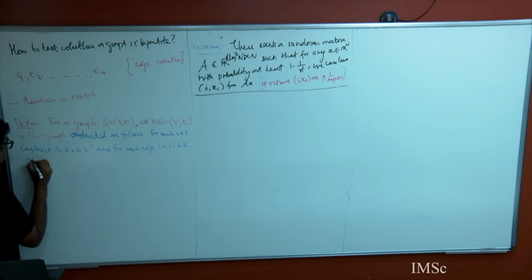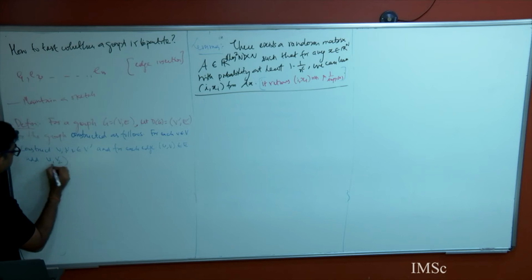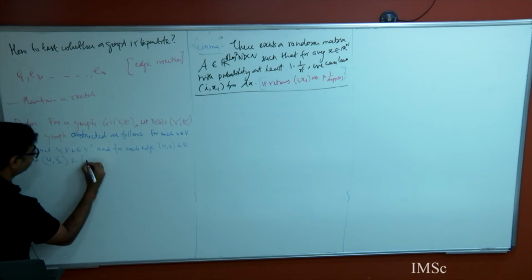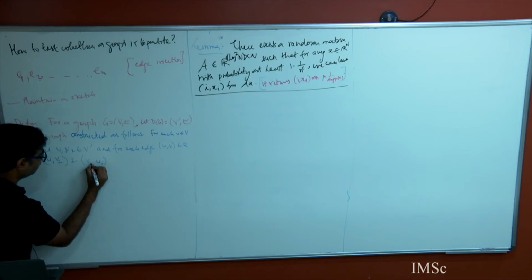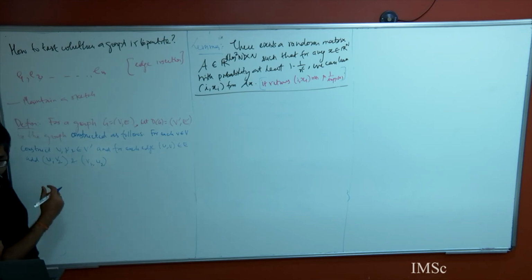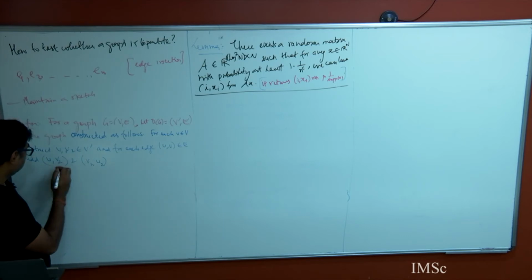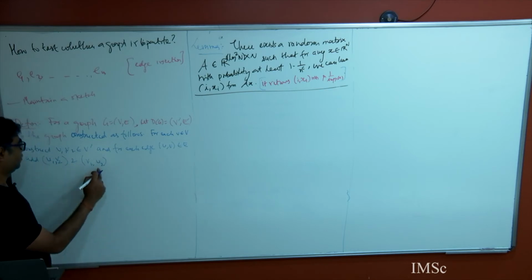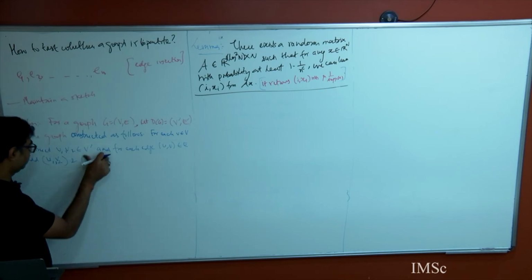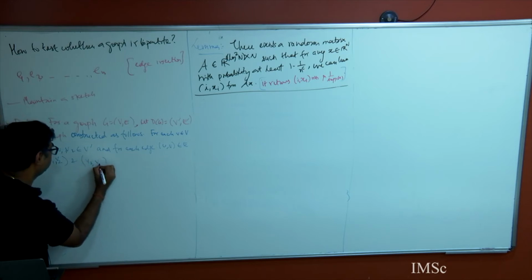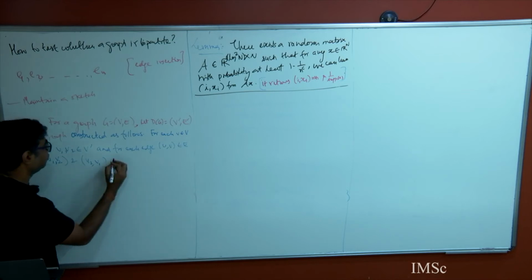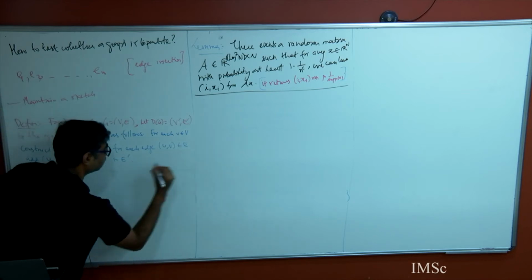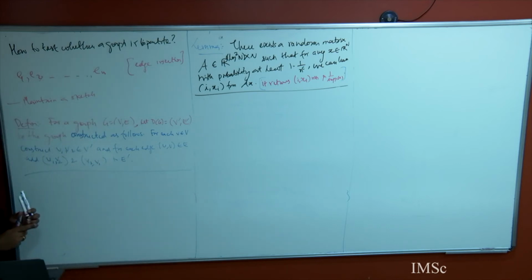I will add u1 v2 and u2 v1 to E'. This is the construction I do.